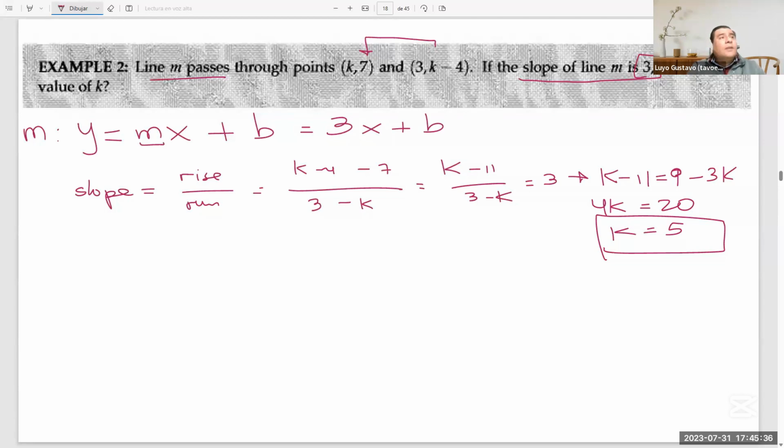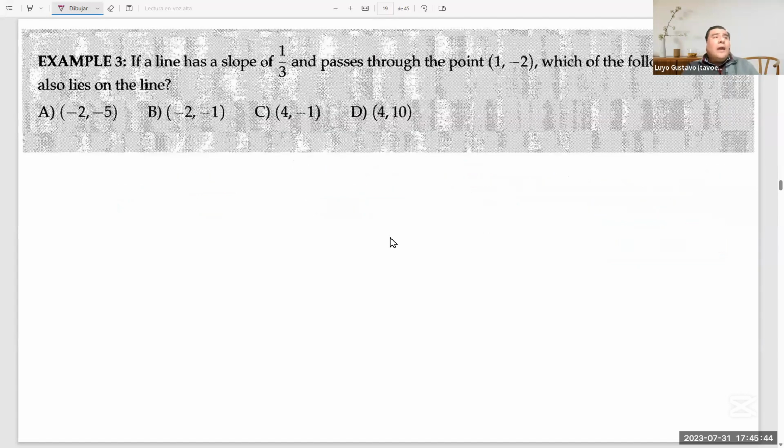Okay, so let's see some more examples of this. If a line has a slope of 1/3 and passes through the point (1, -2), which of the following points also lies on the line? What is the logic to approach this question?